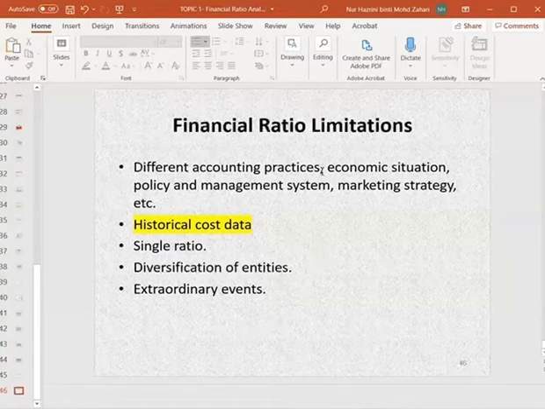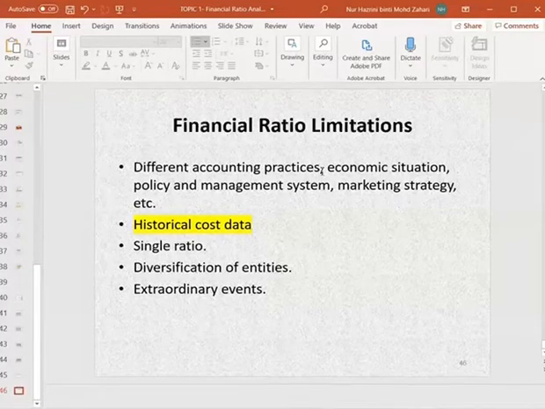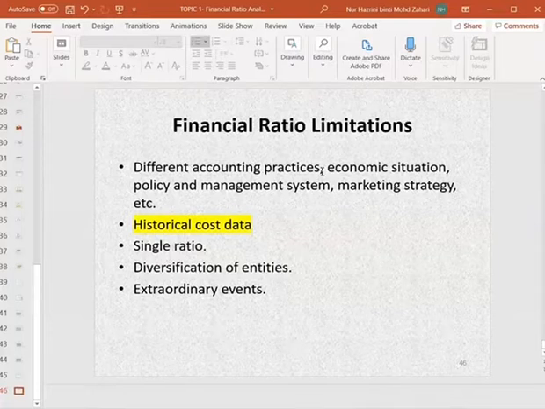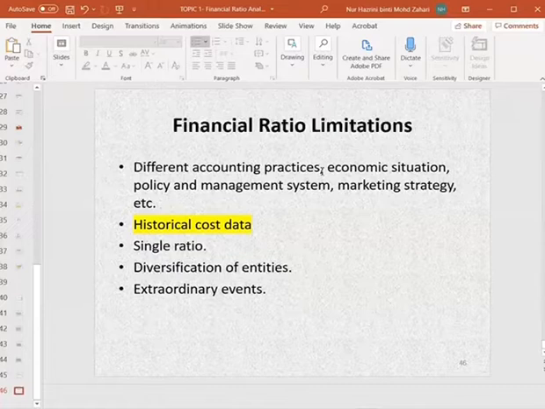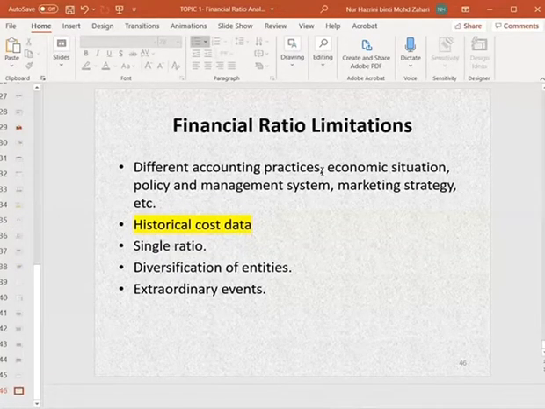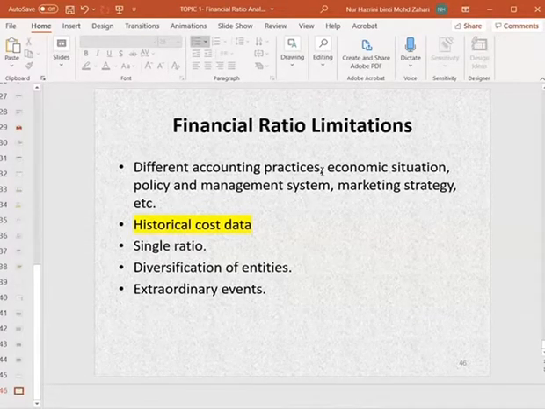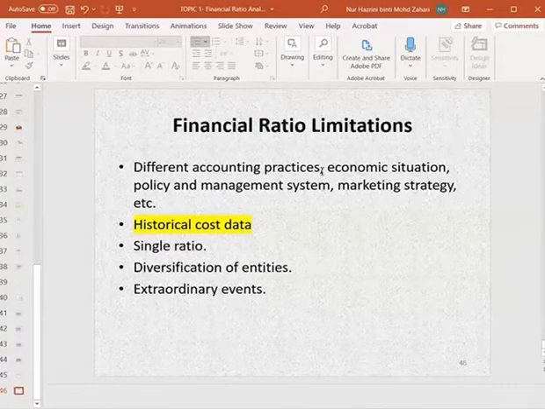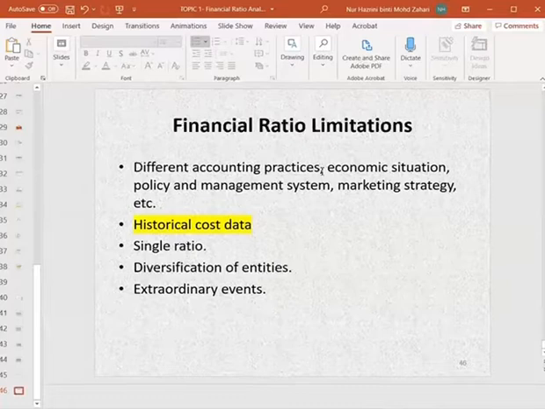But the reducing balance method makes your net book value keep decreasing every year, so it will give you a lower net book value. So because of different accounting practices, different companies might give you different results. That's the limitation of using financial ratio analysis. Yes, we can depend on it, but it doesn't give you 100% of the true picture of the company.